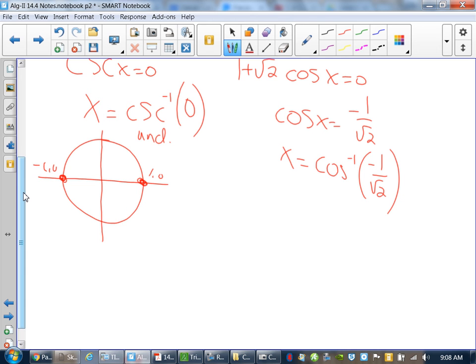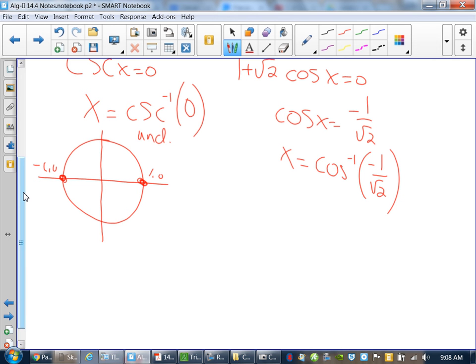Correct. This is undefined. Now, this will actually make a little bit more sense as we really get into the graph. Would that mean that secant would be undefined too? It could be. Secant could be undefined at what is it, pi over 2 or 3 pi over 2?